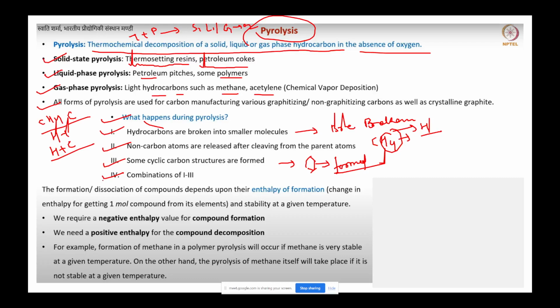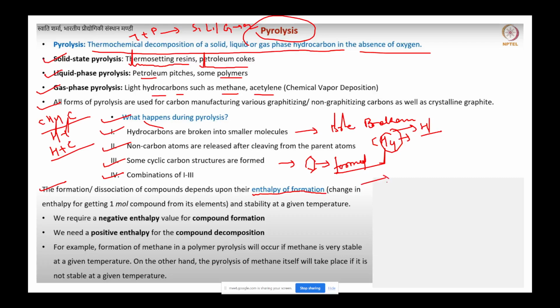So here the formation is happening, and in some cases formation of the compound, and in other cases dissociation of compounds is happening. How will you determine whether it will be a formation or a dissociation? It depends upon the enthalpy of formation. So what is the enthalpy of formation?